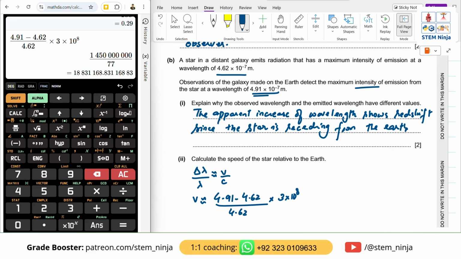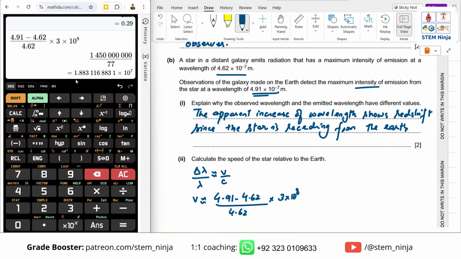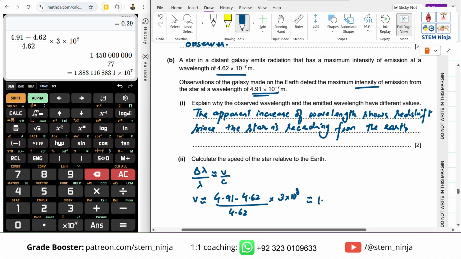So this long value, let's convert it into standard form: 1.88 or 1.9 × 10^7 meters per second.